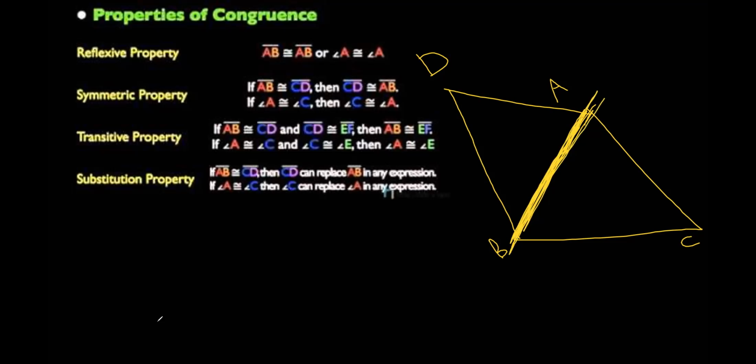What does it mean? The line segment AB is congruent with the line segment AB because they are common, because they are the same. So because of that, we name it the reflexive property.